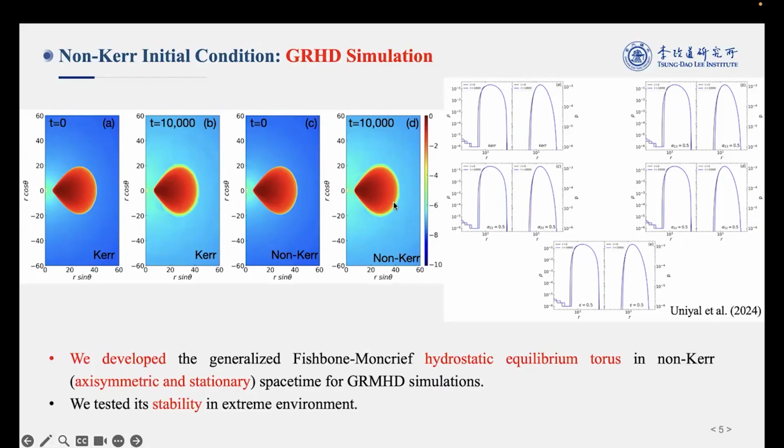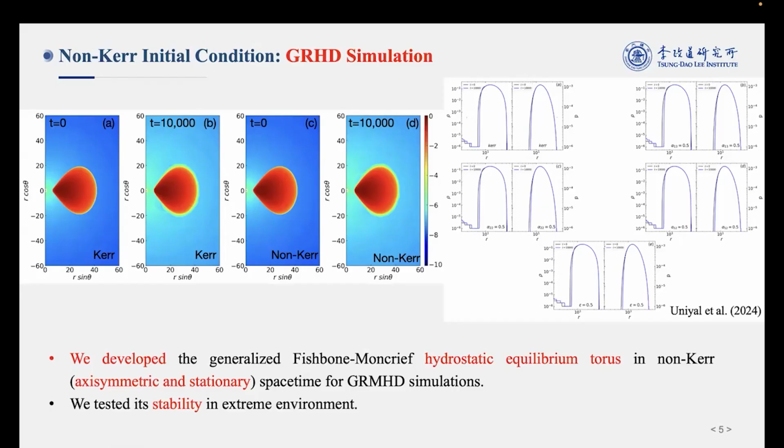The leakage of matter that you see is basically a perturbation that we introduce in the pressure to check whether it remains in equilibrium with small perturbations or not. On the right-hand side, we show the similar thing in a 1D plot with density and pressure, going from a small deviation from Kerr to a larger deviation from Kerr, and we show that this torus always remains in the equilibrium condition no matter how deviated you are from the Kerr solution.